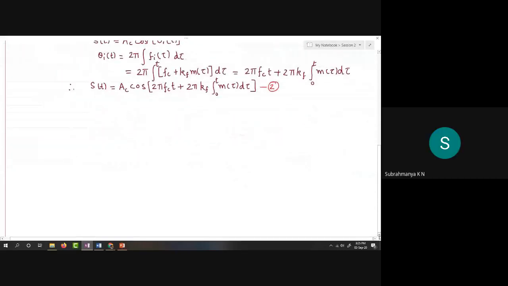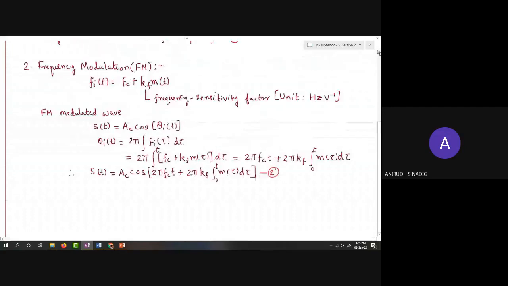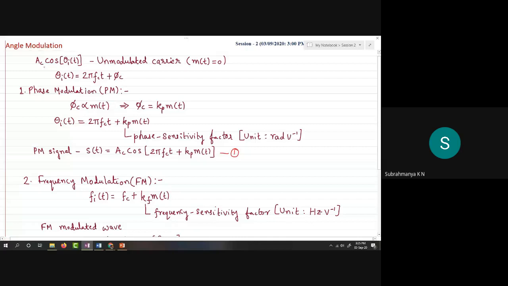So you told first only the message signal is zero. So m of t is zero, that's unmodulated carrier. Only for the carrier you're saying. Yes, this is the unmodulated carrier, where theta i of t is simply 2 pi fct plus phi c.